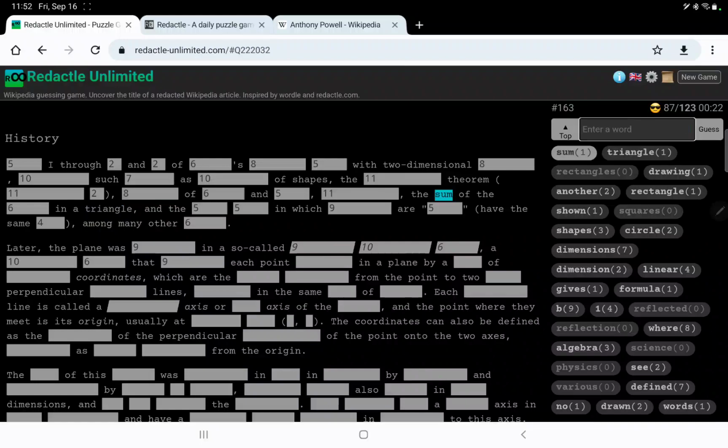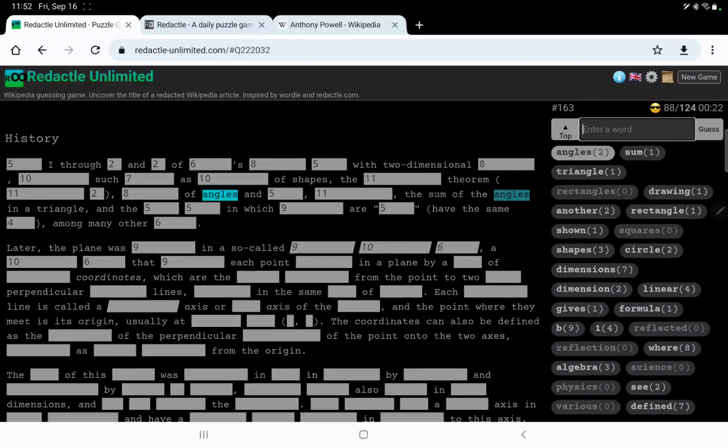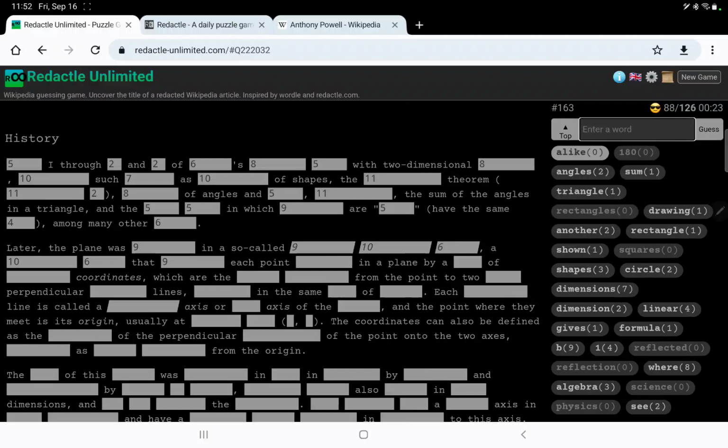The sum of the angles, yes, which is 180, right? Let's try 180. Nope. Maybe alike? Nope.